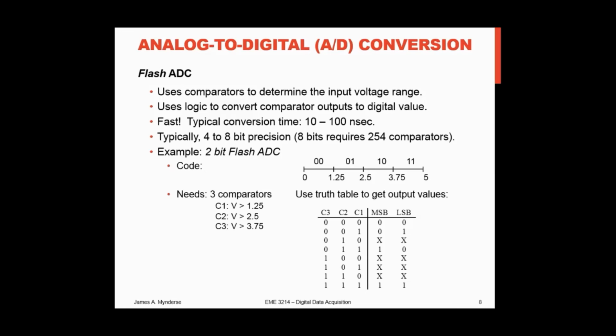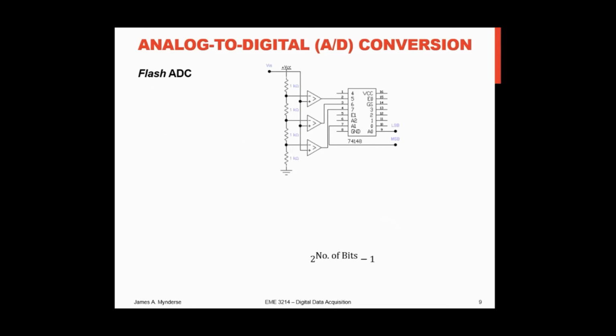So you can use a truth table to get the output values, where you just look at the voltage comparator values and set the appropriate bits. A flash A to D, yeah. So there's a picture of it there.